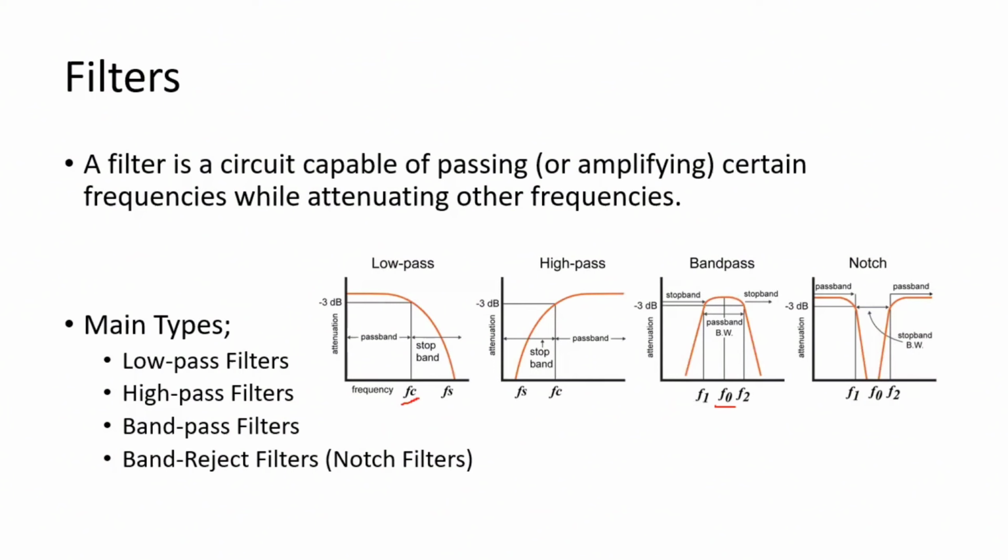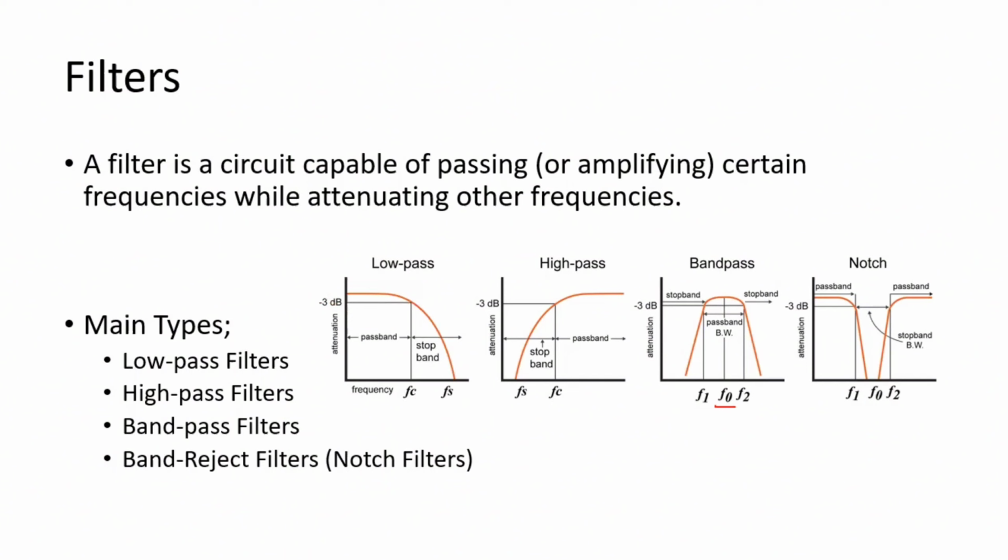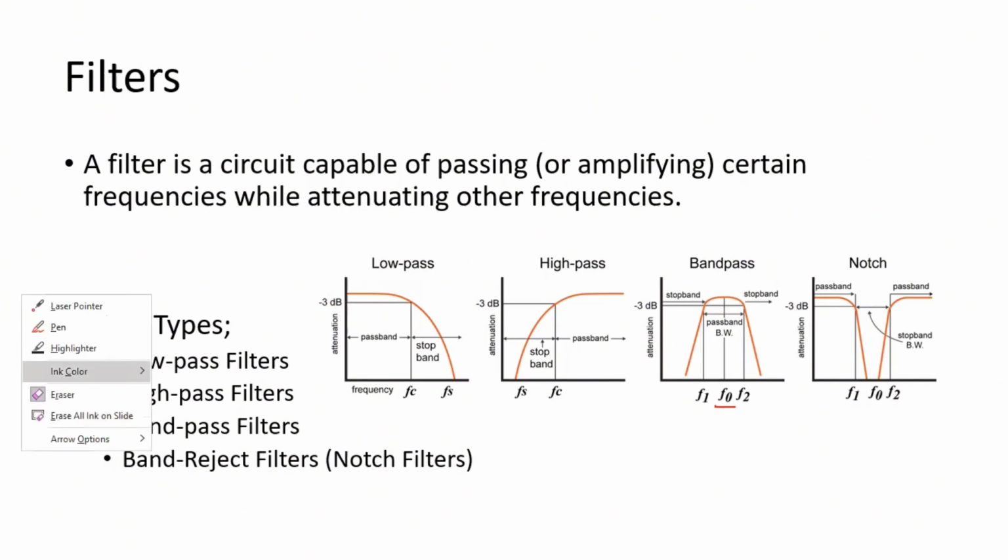Here you can see that in the low pass filter these frequencies are passed, but after the 3 dB mark the frequencies will not pass. This will be the stop band. Let me draw again.